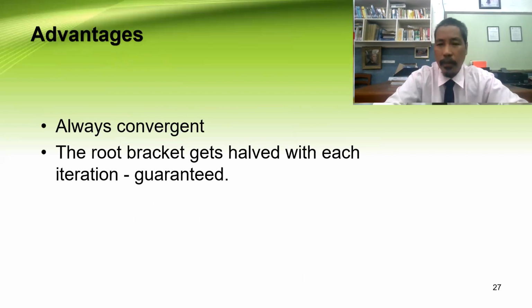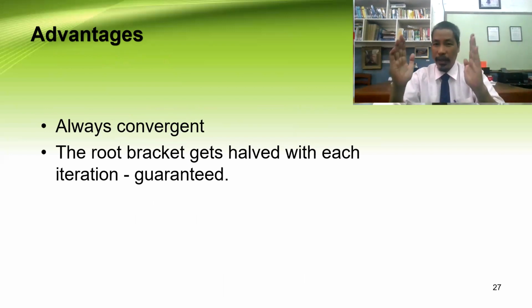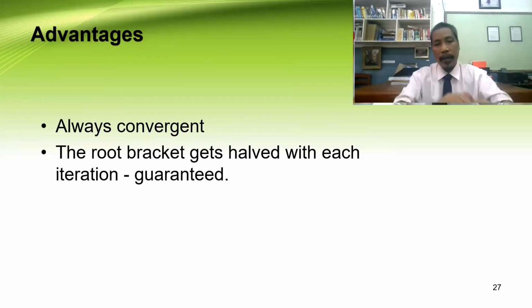So doing this type of method, the bisection method, what are the clear advantages? They are always convergent because we are going nearer and nearer to the correct answer, to the required answer.